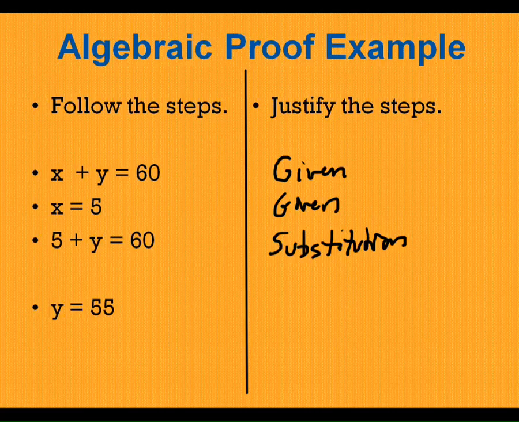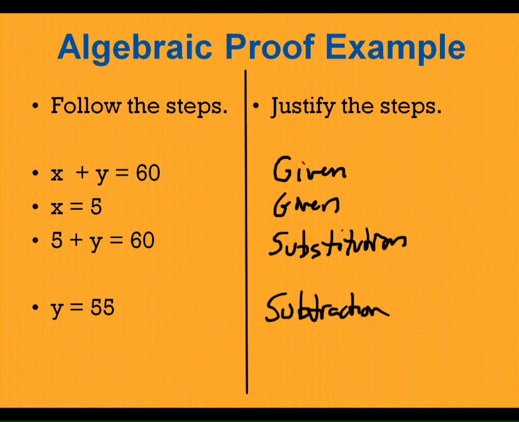And then finally, I'm trying to solve for y. What do you have to do to both sides of this equal sign to get y equals 55? You have to subtract 5 from both sides. So that's the subtraction property. We call it the subtraction property of equality, the addition property of equality. You don't have to write of equality every time.